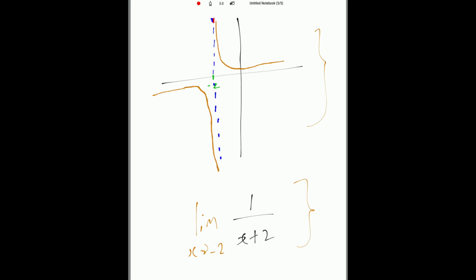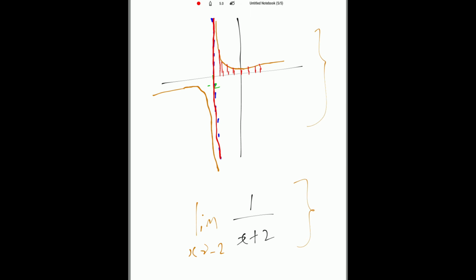Right here, we have the line x equals negative 2. And what happens here is that for the function 1 over x plus 2, as we choose values of x that are getting closer and closer to negative 2, their corresponding f of x values are just getting larger and larger as we approach negative 2 from the right. Why do we say that?